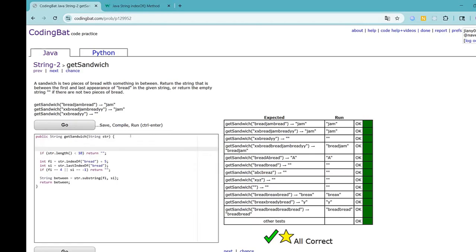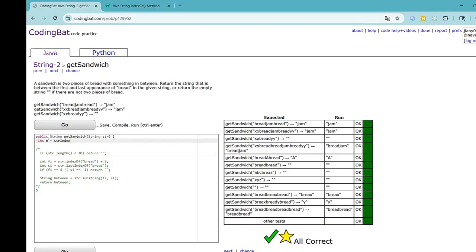The computer is reacting very, very slow. Okay, let me comment it out first. So you actually want to do two things. Number one, you try to find the str.index.